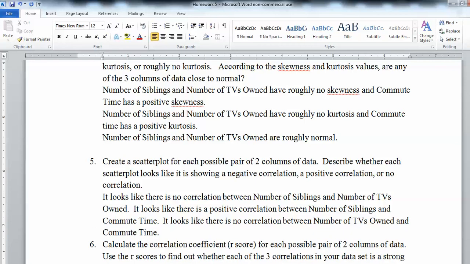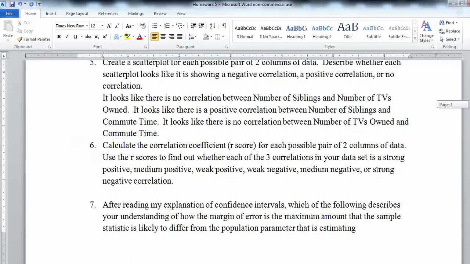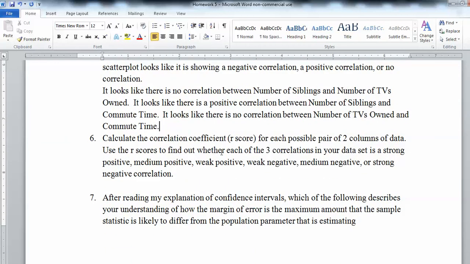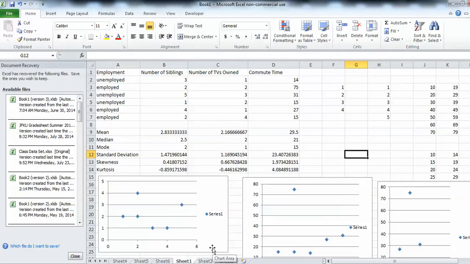Question number 6 asks you to calculate the correlation coefficients, which are the R-scores, for each of the pairs of data that you made the scatter plots for. So I just need to have one more row down here where I can show the correlation coefficients.